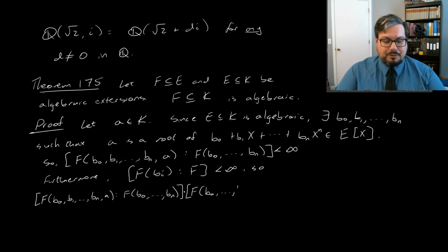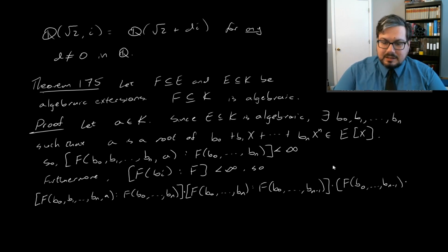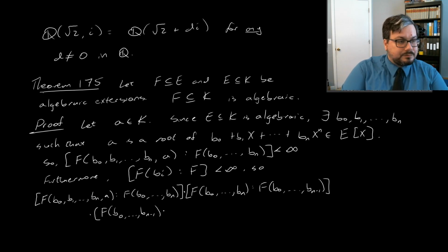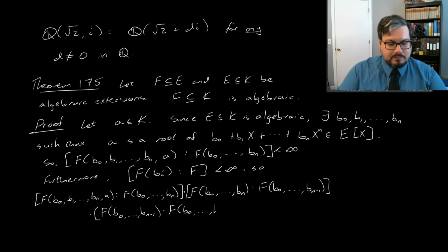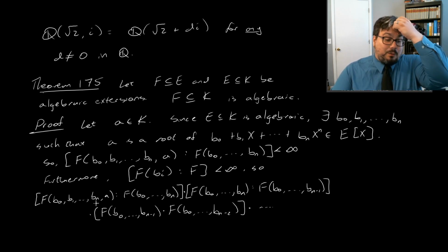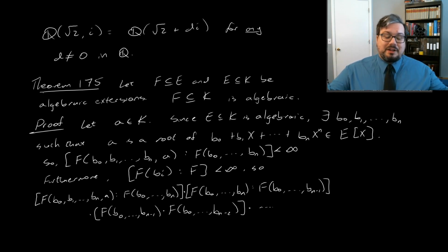F(B0 up through Bn) over F(B0 up through Bn minus 1) times the degree of F(B0 up through Bn minus 1) over F(B0 through Bn minus 2), etc., etc. And what we do is we look at the degrees of the extensions that we get when we go from some collection of the B's to the ones where we add on one more.